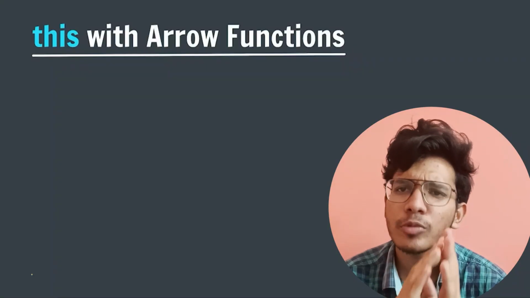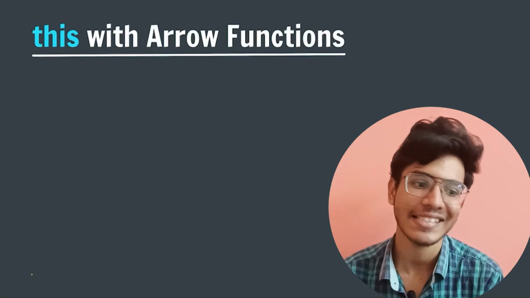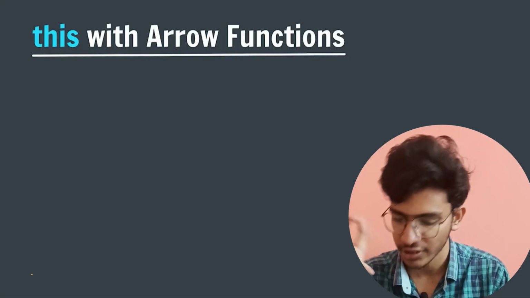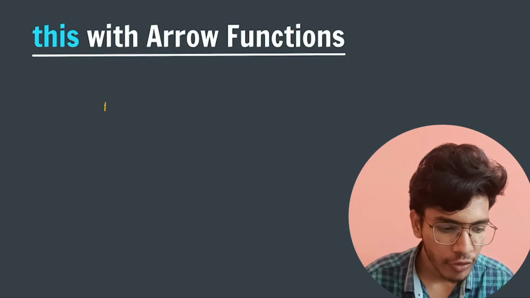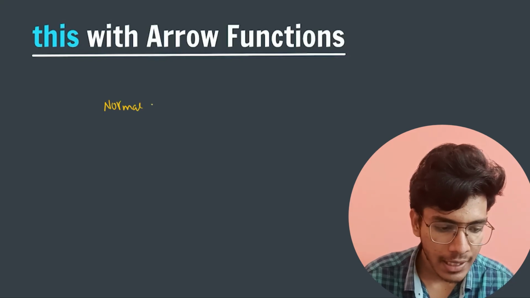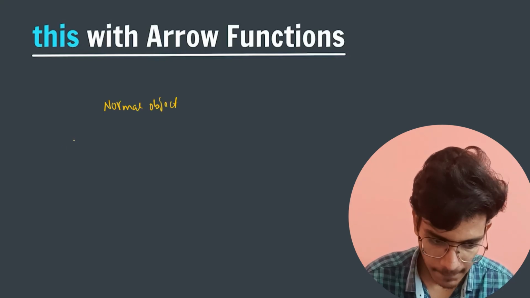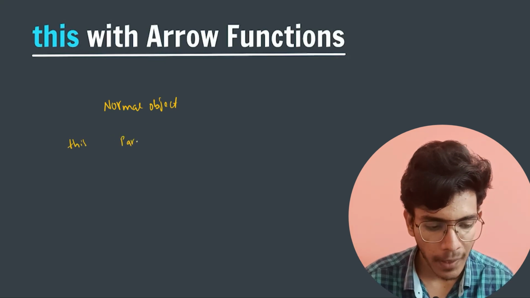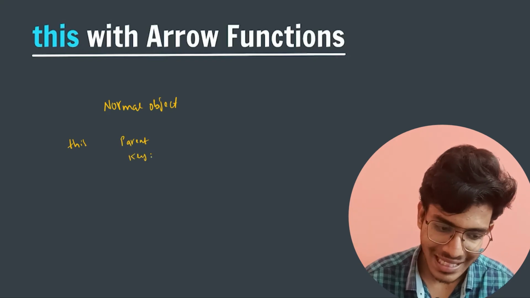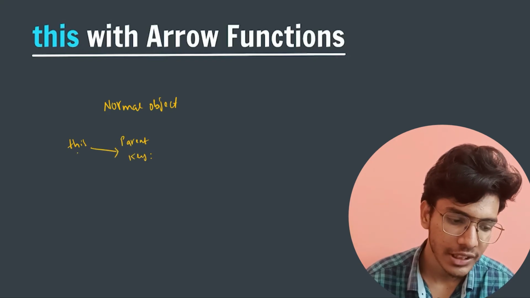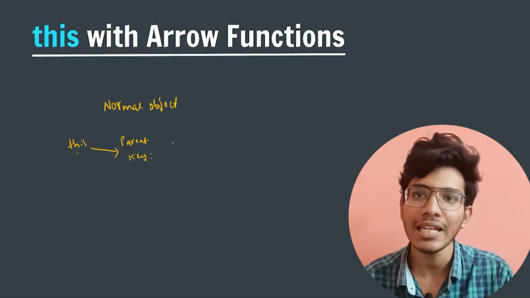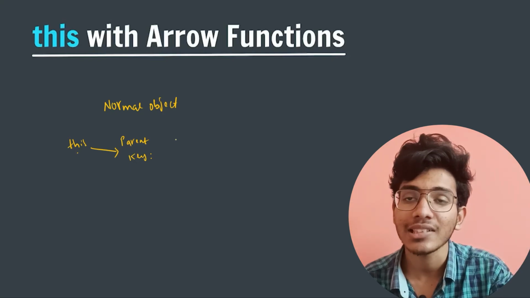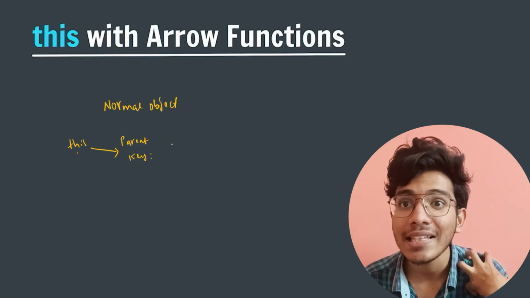Now, one of the most important concepts of this mini lecture is the meaning of the this keyword in arrow functions. So the thing you need to remember here is that for a normal object, this will refer to the parent variables, the parent key value pairs. So the meaning of this for a normal object is basically whatever key value pairs are inside my object, those things will get stored by this keyword.